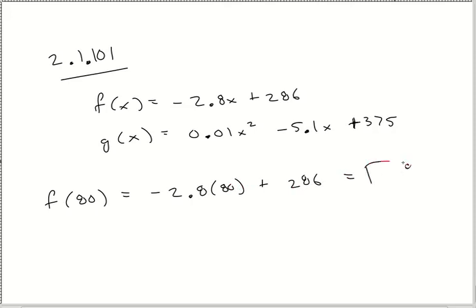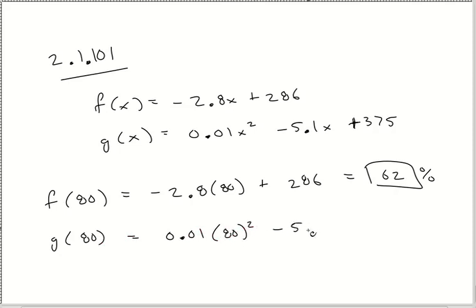This guy right here in particular, I got 62, and it's supposed to be a percentage. Plugging in the 80 into the other formula. Oops, that's a minus. I would definitely use calculator for this thing, and I got 31% here.